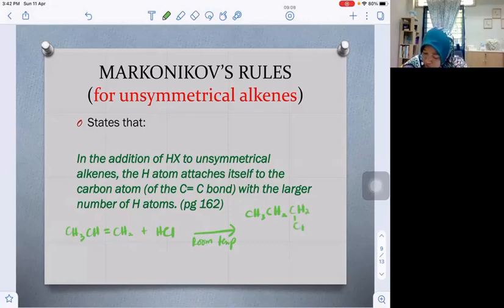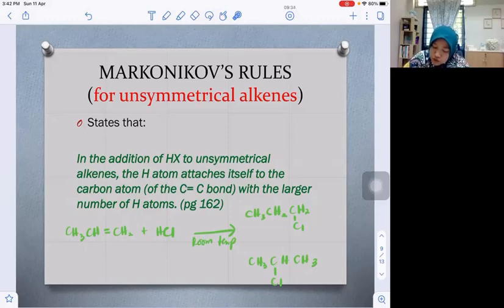As for the second possible product, we have CH3CH, and then chlorine attached to this middle carbon, and then CH3. Why does it become CH3? Because the hydrogen is attached to this carbon. So these are two possible products of this hydrohalogenation reaction.